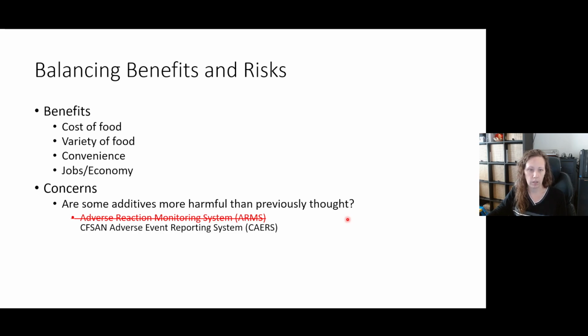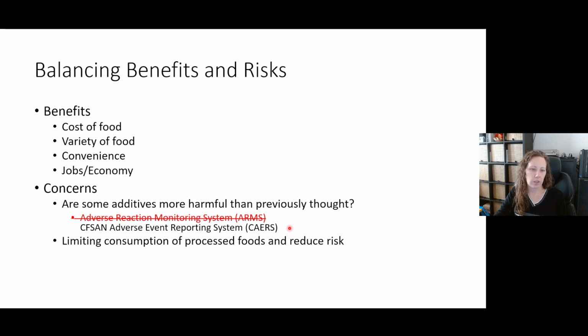You don't have to know that, but it's part of the FDA. It just has a different name and is maybe a slightly different system, but it's the same function: an adverse event reporting system. If you did have a reaction to an additive, you could report it to the FDA, and they monitor it and figure out, okay, do we need to take another look at this ingredient?